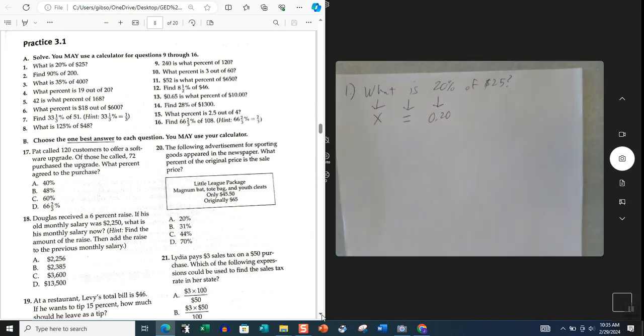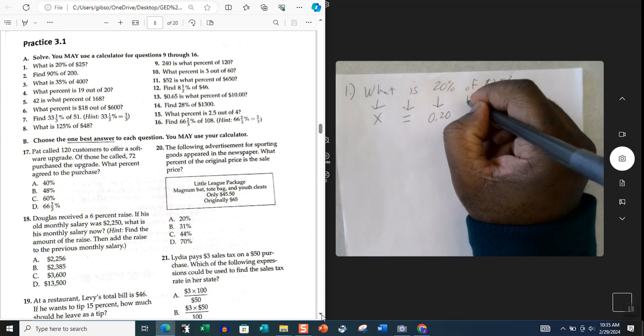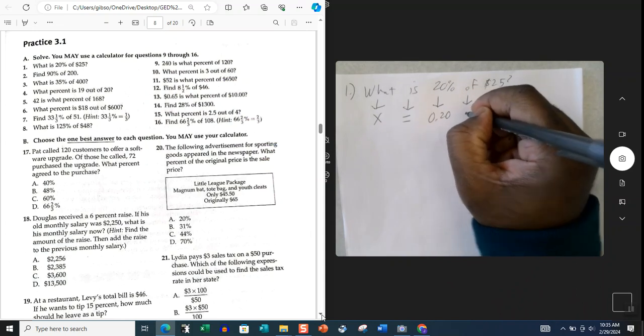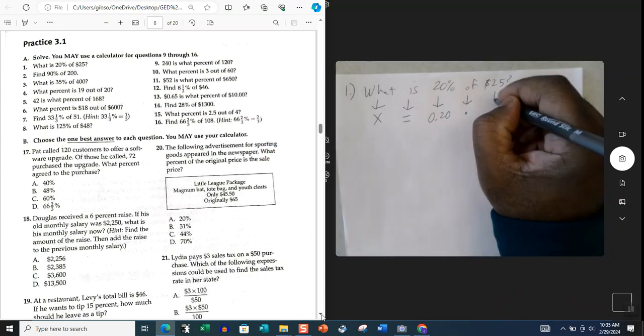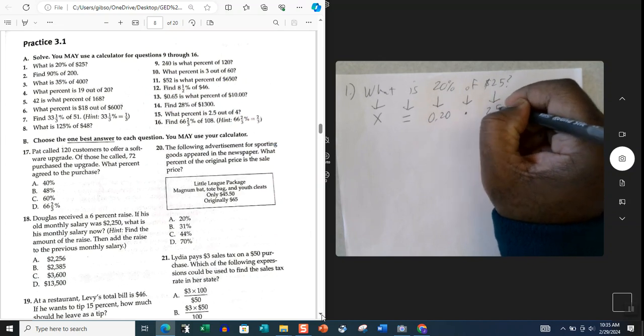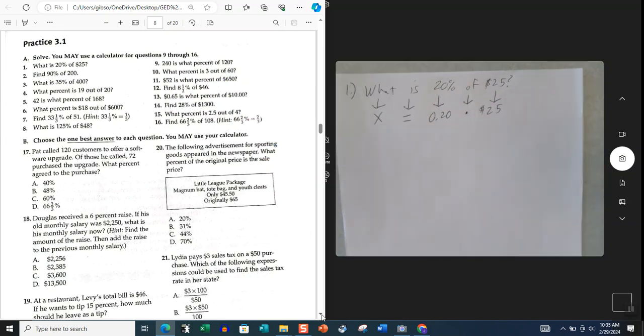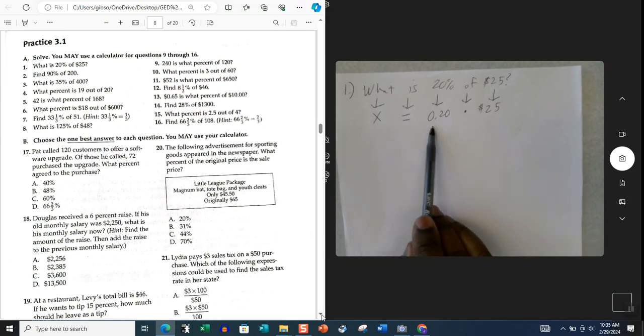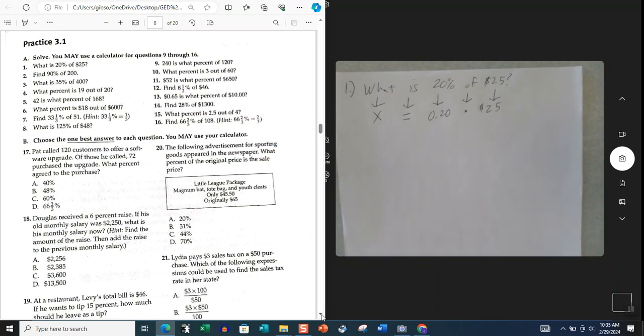I showed you all in class how to change a percent to a decimal, but I will go back over that in just a second. Of means multiplication. And then the $25 is just the $25. Now we have X is equal to 0.20 times $25.